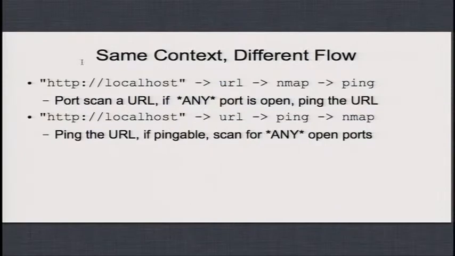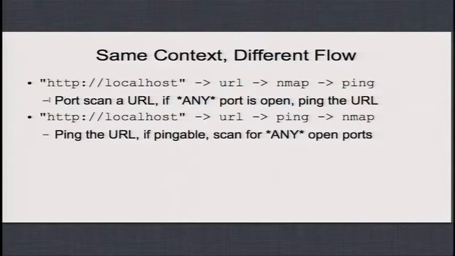But since, as I said, all the components are passing the context, and the context does contain the source or the target URL, then you can place them not to represent the actual flow of the program, but more the mindset of what you would like to happen and in what order.